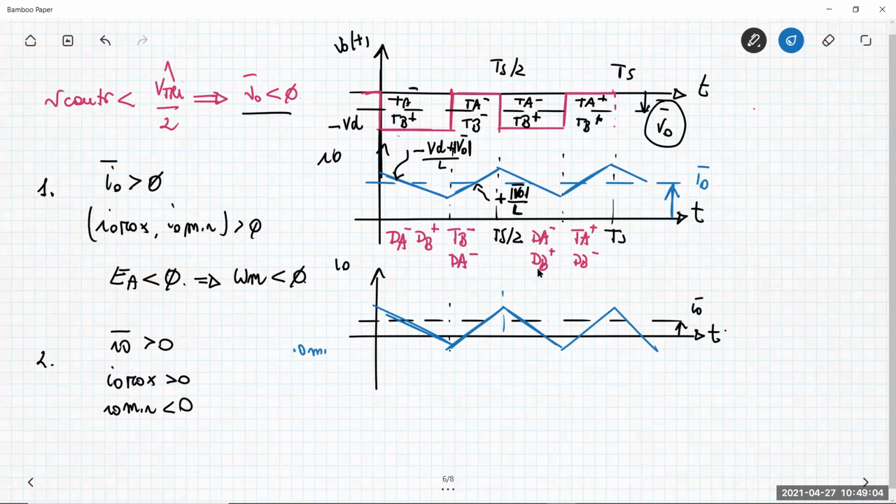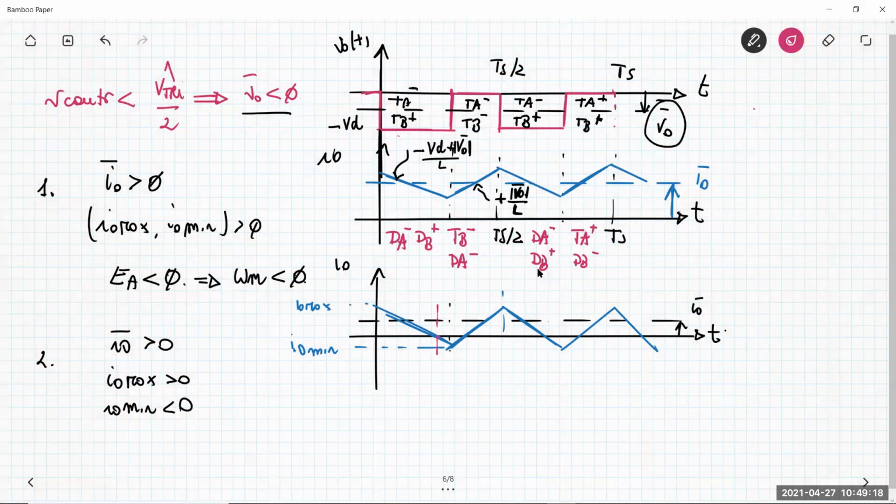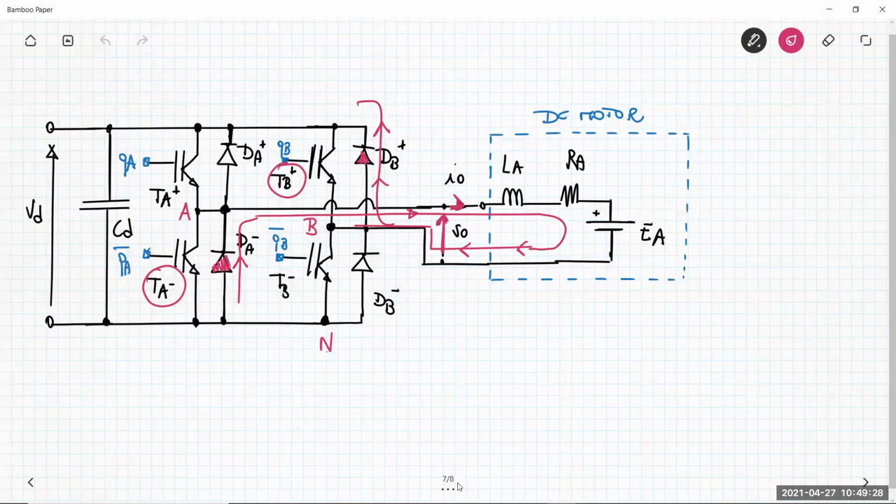The minimum value is negative, the maximum value is positive. So here, the only unknowns are in this interval in which the current is negative. So what happens when the current is negative? We have TA plus, TA minus, and TB plus.